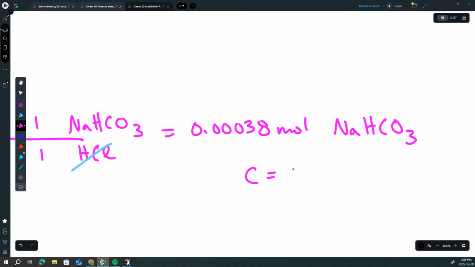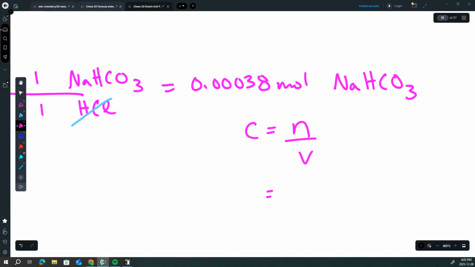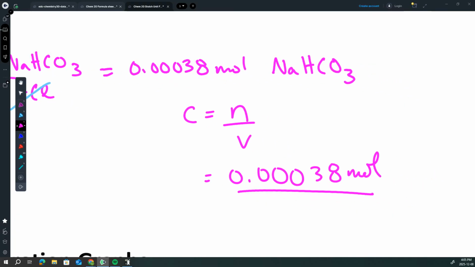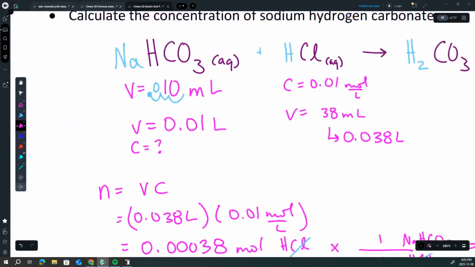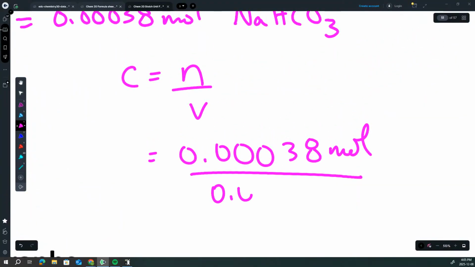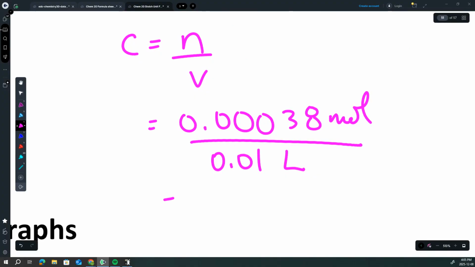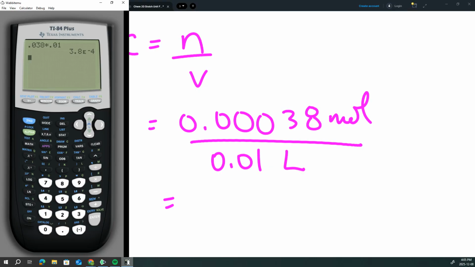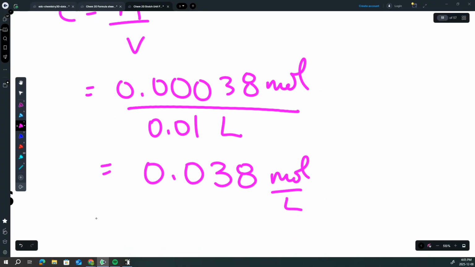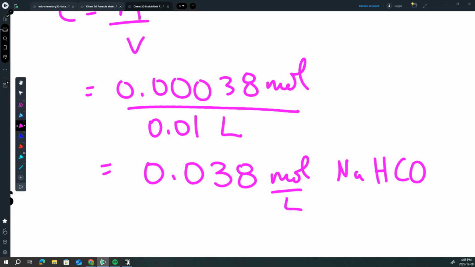So concentration is equal to moles divided by volume, 0.00038 moles divided by, now the moles of sodium hydrogen carbonate have to be divided by the volume of sodium hydrogen carbonate, which is 0.01. Okay, so if we divide by 0.01, that's going to give us 0.038 moles per liter of sodium hydrogen carbonate.